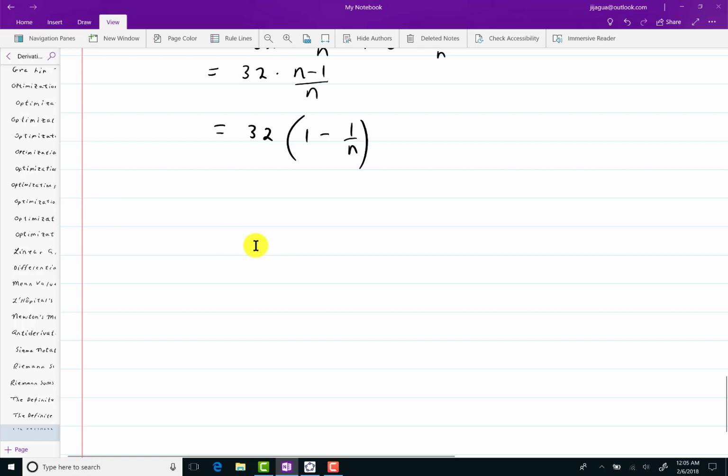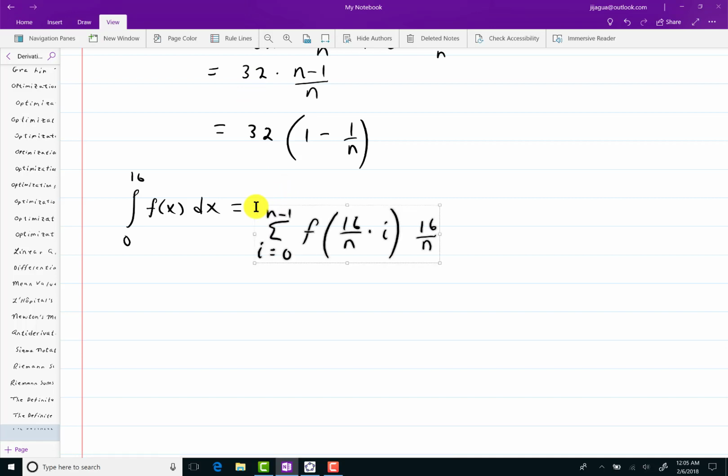So we have the integral from 0 to 16 of f of x dx equals, this is where I can put my sum, and it's not quite the sum, it's equal to the limit of that sum.